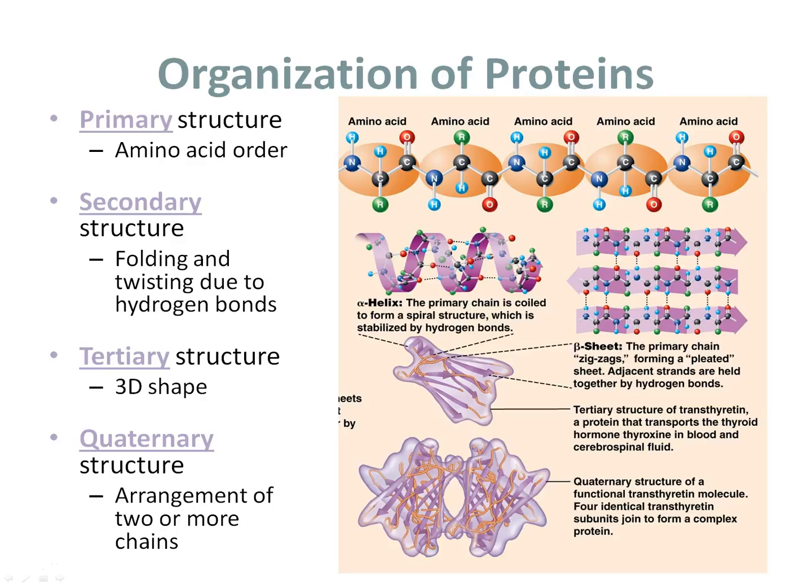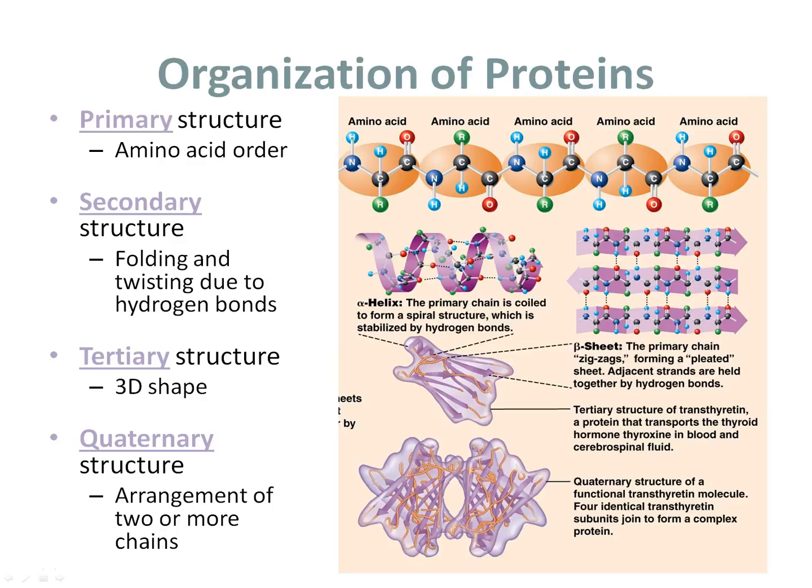The tertiary structure of a protein is the 3-dimensional shape caused by the alpha helices, the beta sheets, and other bonds that form. So things like sulfide bonds that form between different parts of the protein molecule. That's the 3-dimensional shape. So you can remember tertiary is 3, so 3-dimensional shape.